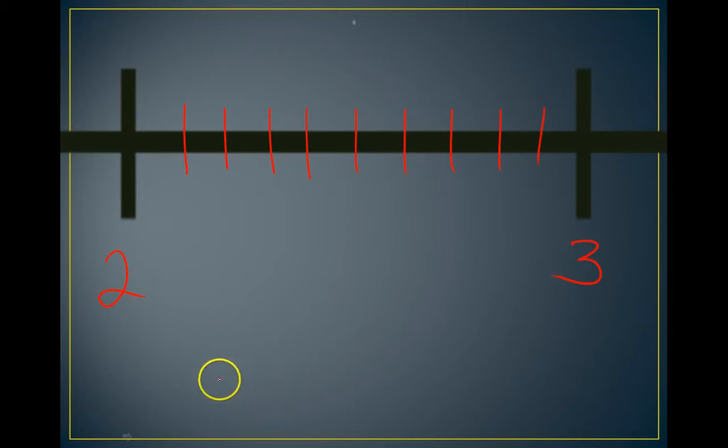So if we wanted to find 2.4, we go 2.1, 2.2, 2.3, 2.4. So that would be right there. If we wanted to find 2.9, we could go 2.1, 2.2, 2.3, 2.4, 2.5, 2.6, 2.7, 2.8, 2.9. And it would be right there.